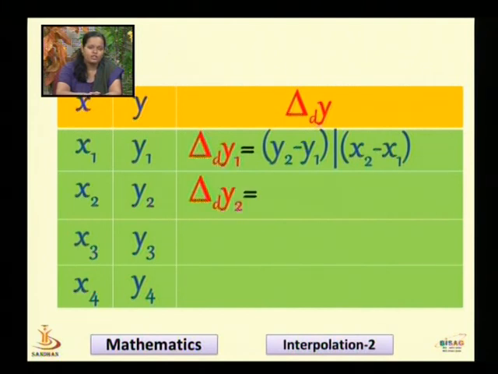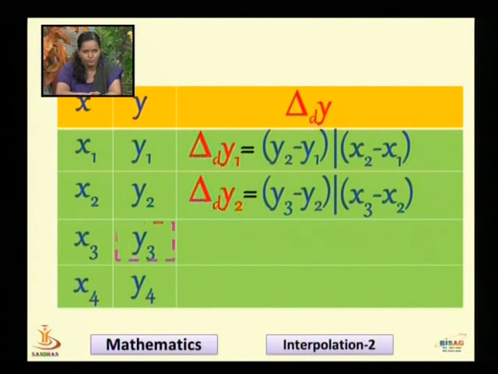Similarly, the first order divided difference at the second point y2 is y3 minus y2 divided by x3 minus x2. You can visualize that, that is y3 minus y2 divided by x3 minus x2.